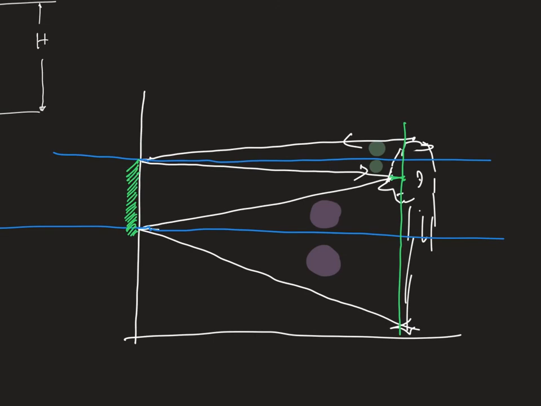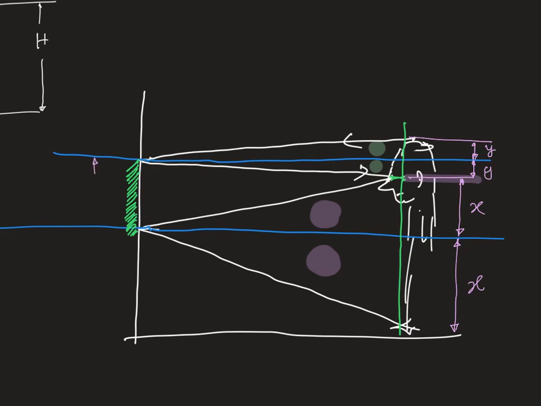So this side is x, and so this side is also x, and if this is y, this is also y, because of the congruent triangles.